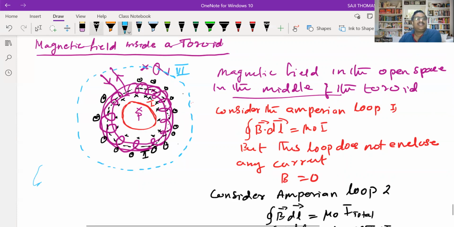Now consider the Amperian loop 3. Here net current is 0.